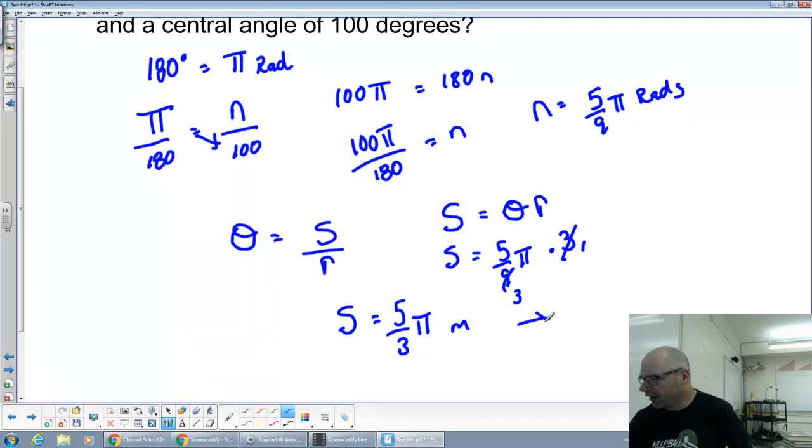If you don't like it in pi, you just multiply by 3.14. Use your pi button, go 5 divided by 3, and then multiply by pi, or 3.14. You can also say that that is 5.24 meters.